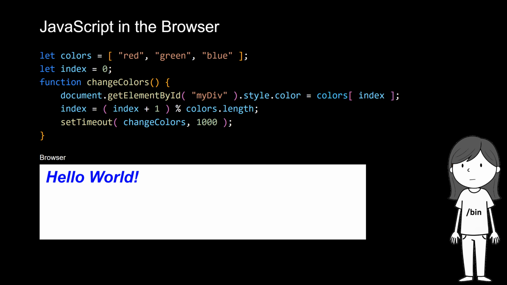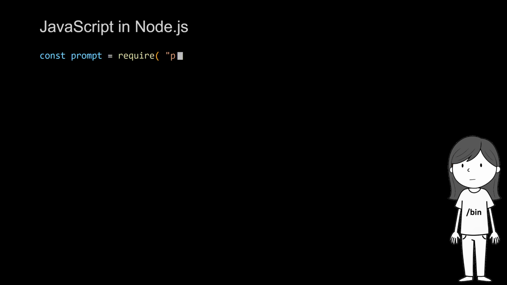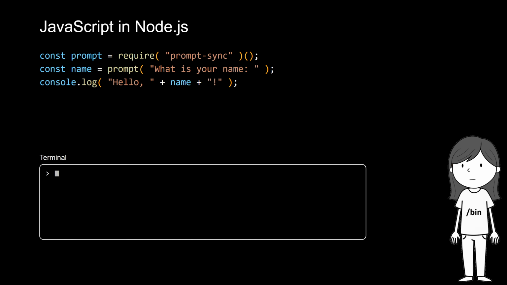The CSS, also not shown, contributes the formatting, and the JavaScript code cycles through the colors. With a terminal interface, Node.js lets us do things like inputting text values and printing lines on the console. In this example, the terminal gets a string of input from the user and outputs some text.